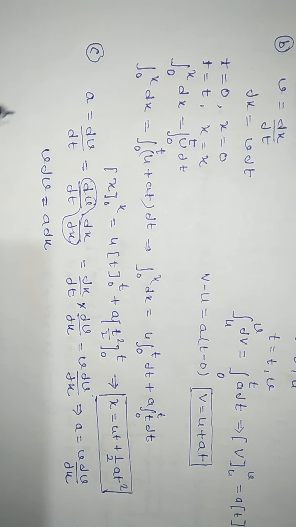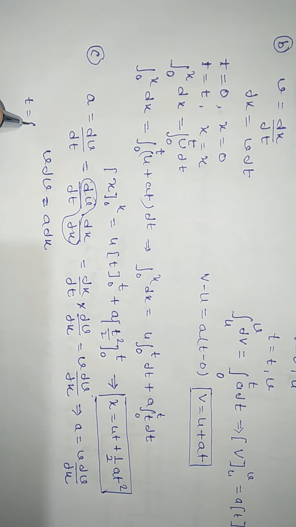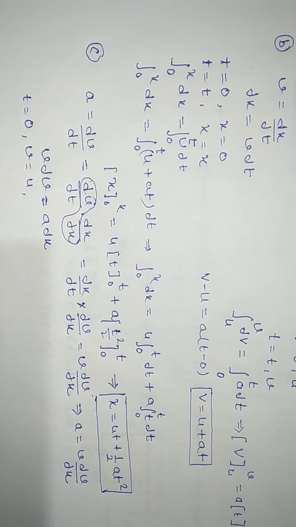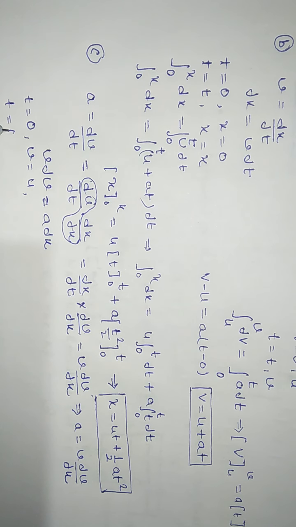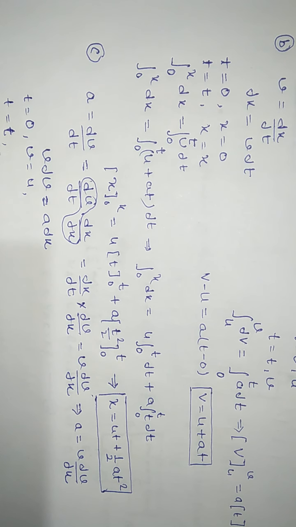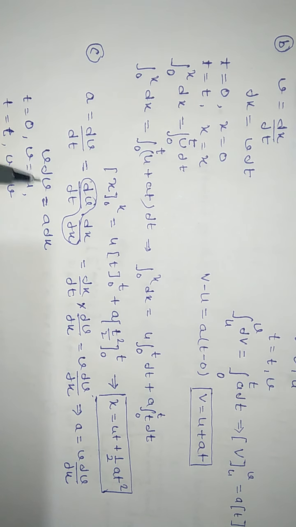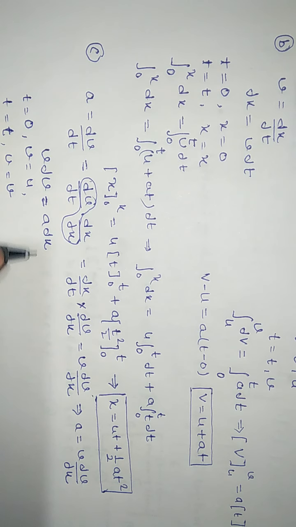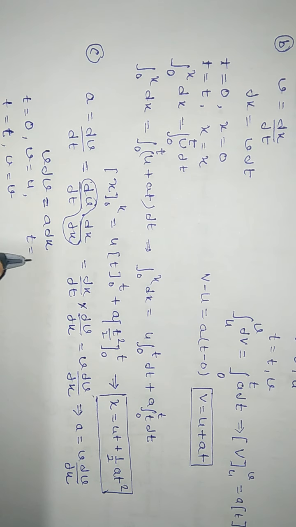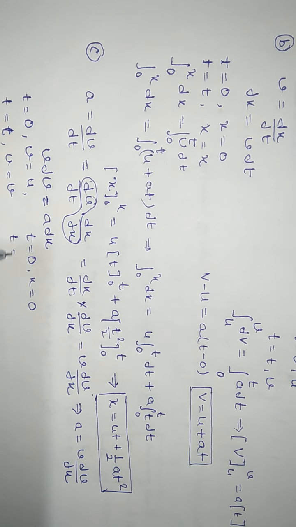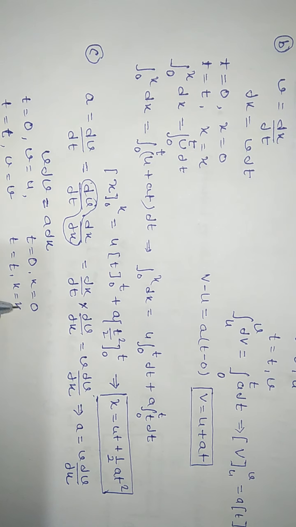Now when t is equals to 0, v is equals to u, and when t is equals to t, v will become v. These are the limits for the left hand, and for the right hand, when t is equals to 0, x is equals to 0. When t is equals to t, x is equals to x.